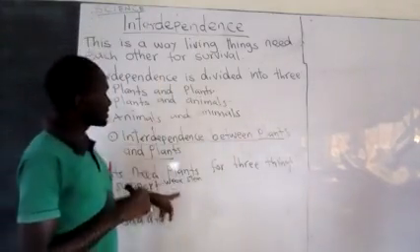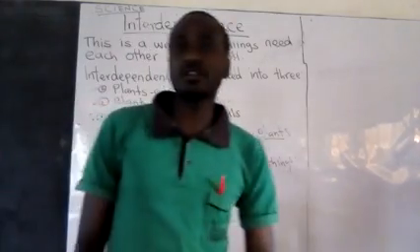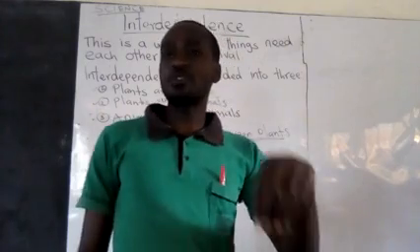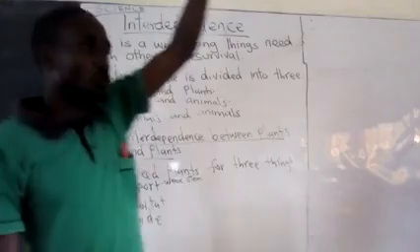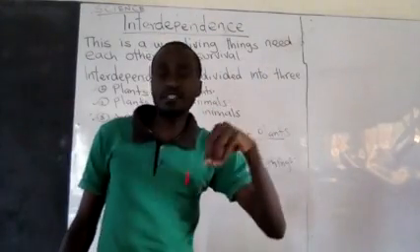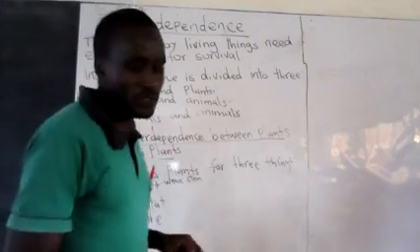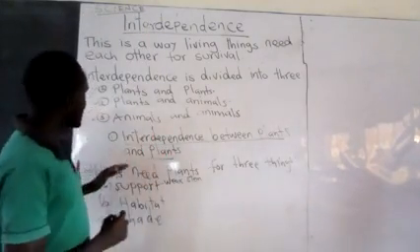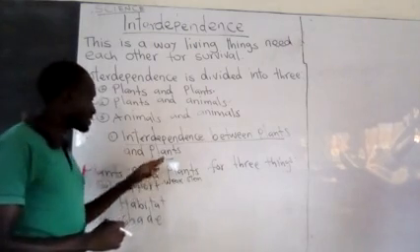Remember, plants need sunlight to make their own food. So those plants with weak stem, if they can't grow to a point where they can receive sunlight, then they won't make their own food. So they depend on plants with strong stem for support.